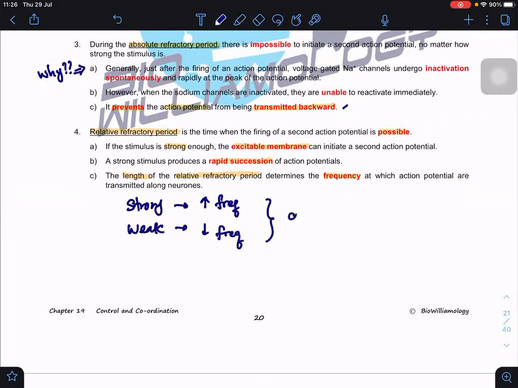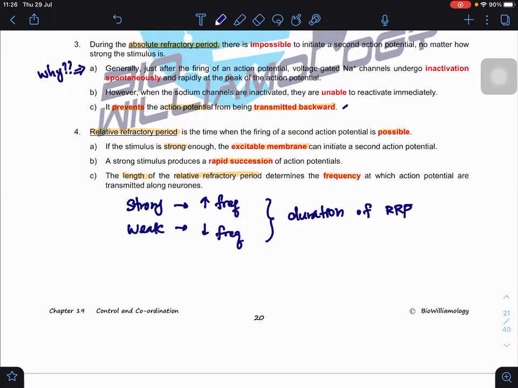All of them deal with the duration, the duration of the relative refractory period. I will show you later when we enter this part.